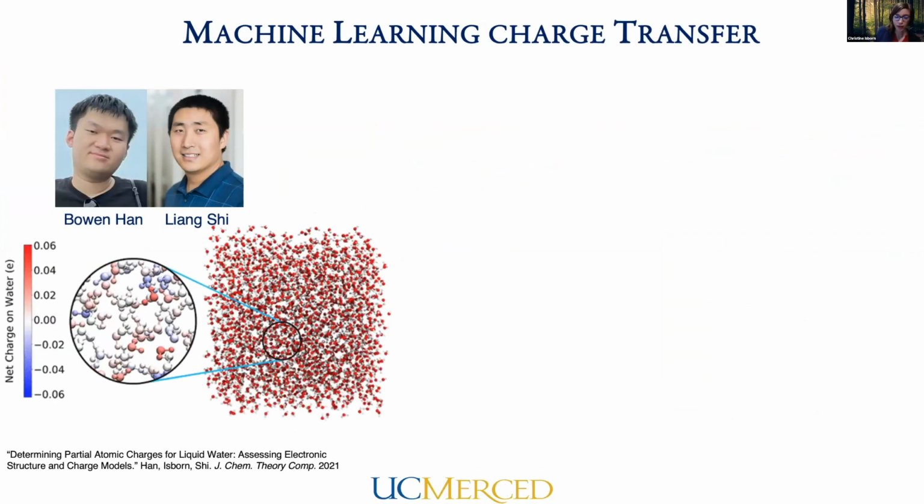And another project where we're looking at charge transfer, and this relates a little bit more to Mark Tuckerman's question. I'm working with my colleague at UC Merced, Liang Shi, and his grad student, where we're looking at water as well as trying to capture charge transfer in water.